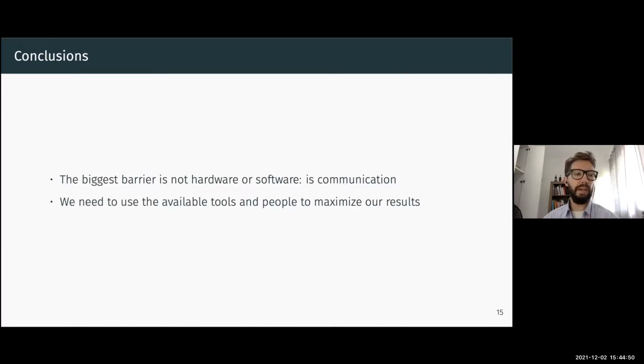It's to make a team of people work together and get good results. So we need to use the available tools, your programming language of choice, Python, R, whatever, and people, geoscientists, statisticians, mathematicians, computer scientists, to maximize our results, to have a good result at the end, a good model or a good analysis of our data.